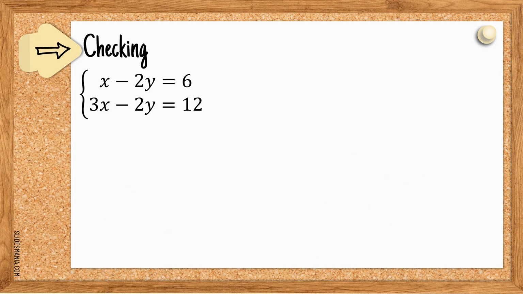Let's check whether the solution that we get is correct or not. Again, we have 3 for x and negative 3 over 2 for y. To check, we will just substitute this ordered pair to equation 1 and equation 2. For equation 1, we have x minus 2y is equal to 6.